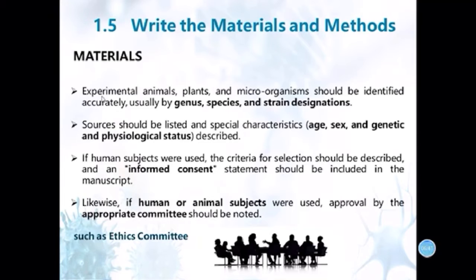Experimental animals, plants, and microorganisms should be identified accurately, usually by genus, species, and strain designations. Sources should be listed and special characteristics like age, sex, genetic, and physiological status described. All these special characteristics should be described.